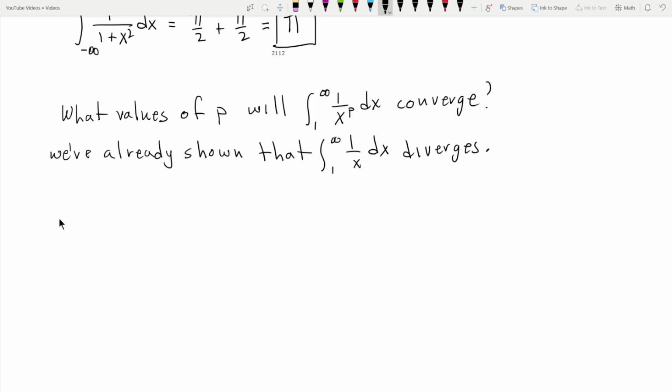So we're going to assume p is not 1, which means it's either greater than 1 or less than 1.